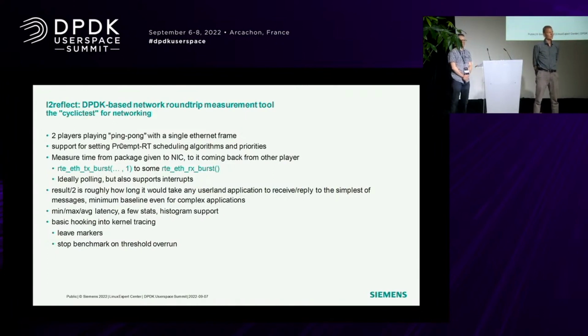Then you can say that roughly half of the maximum you saw is how long a packet probably spent in one player to receive it and handle it, which in our case is just swapping the MACs around, firing it back, and getting rid of it again.